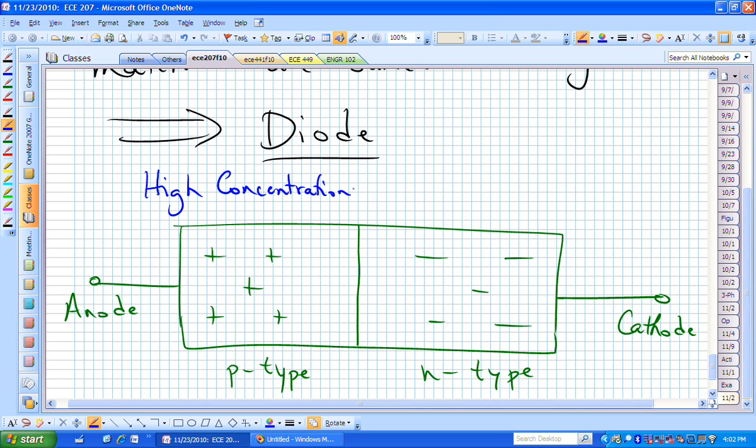On the left, or in the P-type, we have a high concentration of holes. And on the right side, or the N-type, we have a high concentration of electrons.